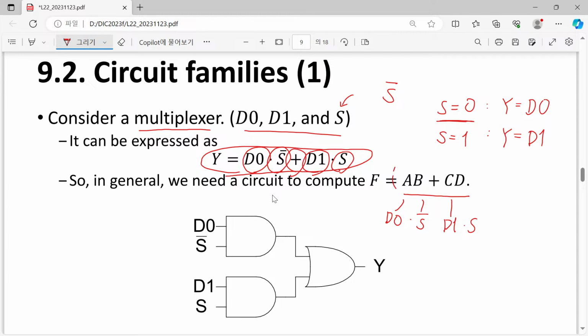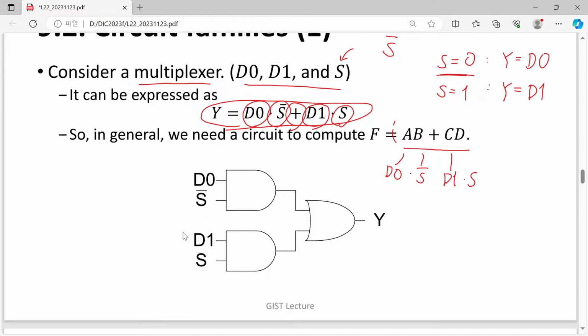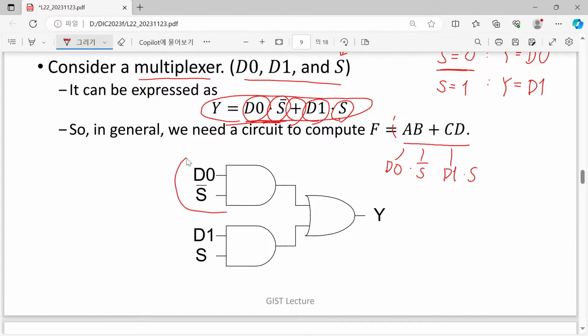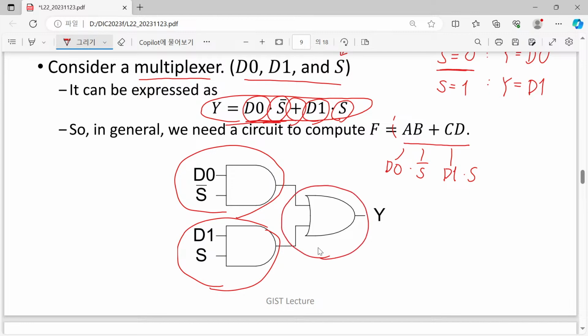Anyway, if we just draw the logic diagram, then we will draw it this way. This is an AND operation, and this is another AND. Then after that we just take the OR operation.